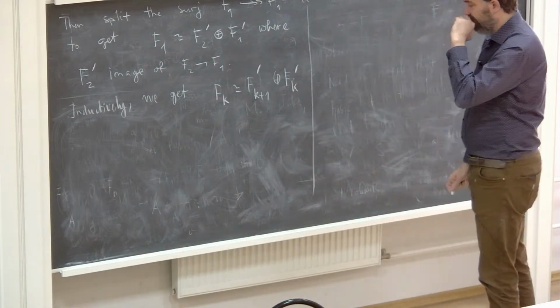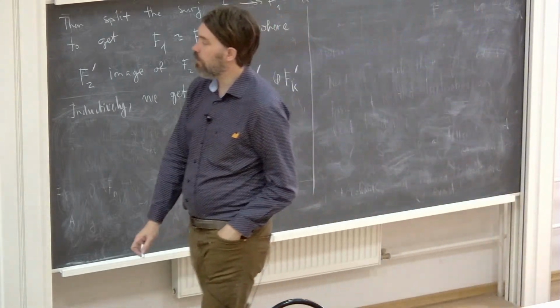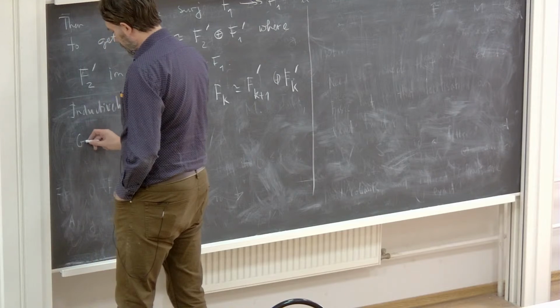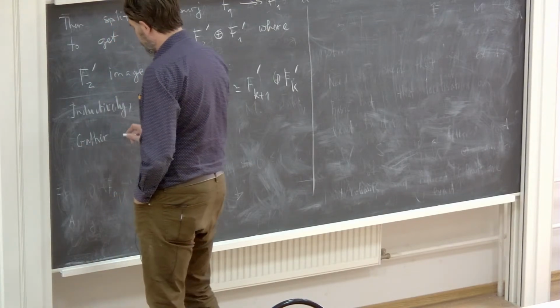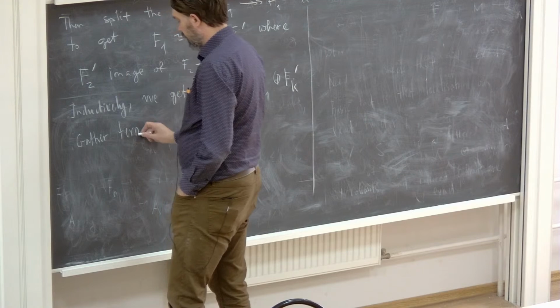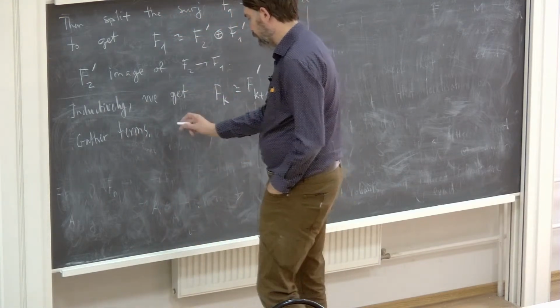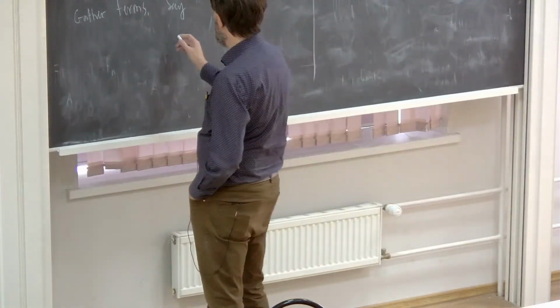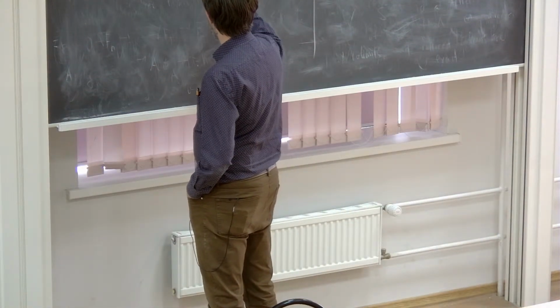Okay, and now if you just gather terms, let's gather terms. And maybe it helps to do an example. Fix the length, just to be explicit, say n equals 2.